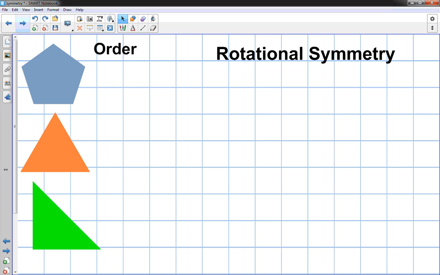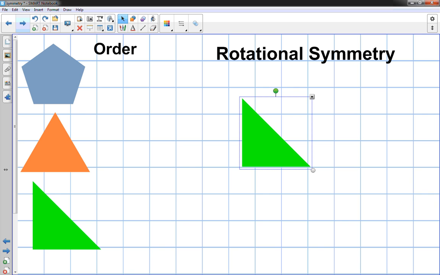Alright, rotational symmetry is a little different. I take this triangle. I don't know if you can see the little green dot above the triangle, but what I'm going to do is rotate it 360 degrees and look for any moment during that rotation that the shape will be right on top of itself from its original position here.